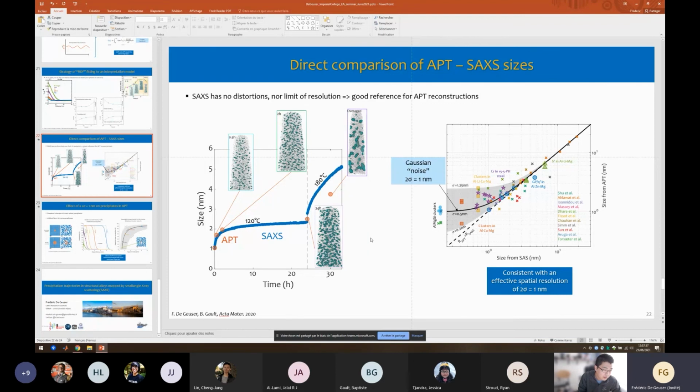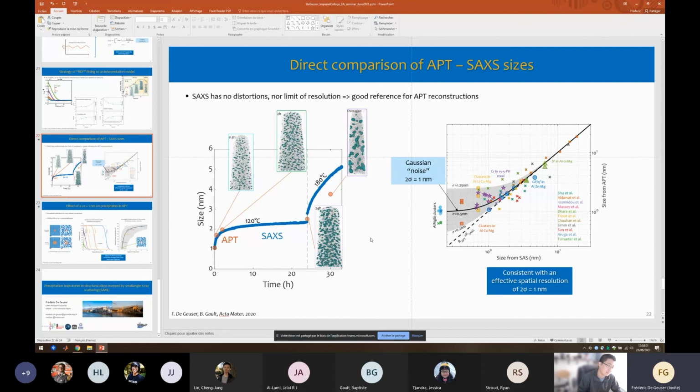It's still very good. I mean, we're speaking of 1 nanometer, which is excellent. It's not only excellent, it's unique. There is nothing else that can give you the 3D composition of a material at 1 nanometer resolution. But it's slightly over what manufacturers will tend to let you think.